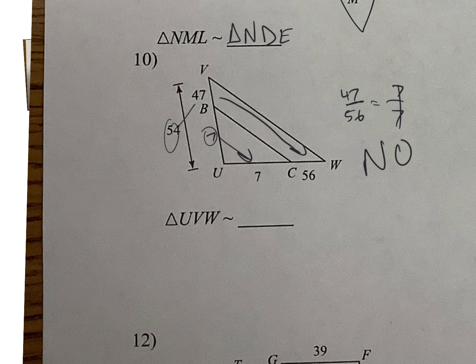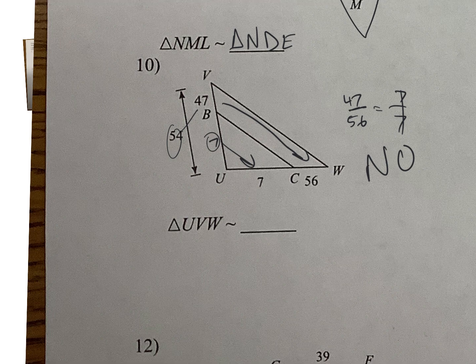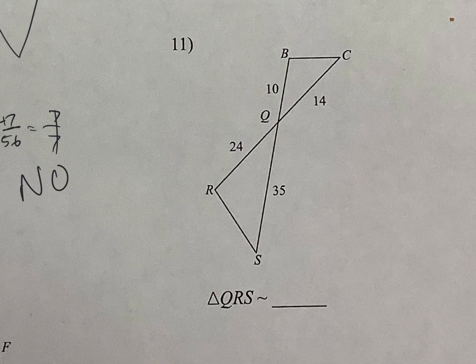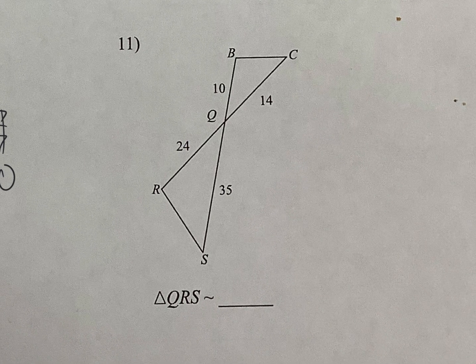Okay, number 11. Again, we have vertical angles. Small number to the small number, large number to the large number. 10 is to 24, as 14 is to 35. Now reduce. Left side is reducible by 2.